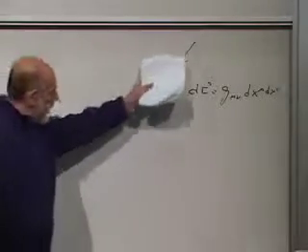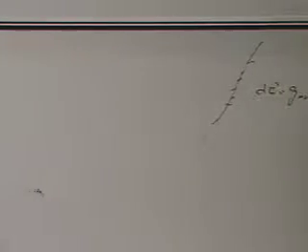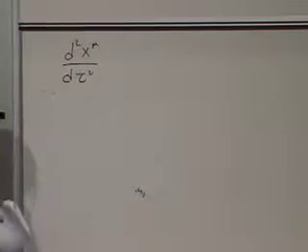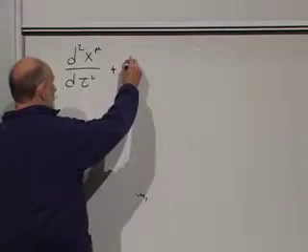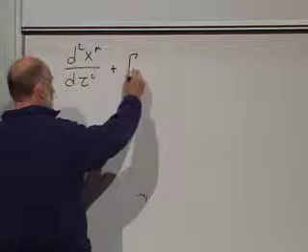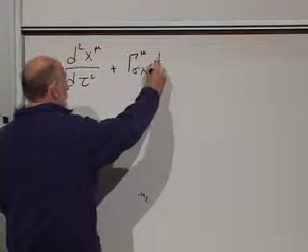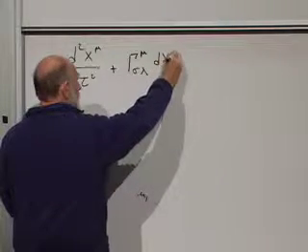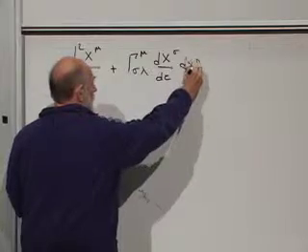That's along a trajectory, and the second derivative of x with respect to τ squared plus Γ, let's see, what do I have here? Γ^μ_σλ dx^σ by dτ dx^λ by dτ.